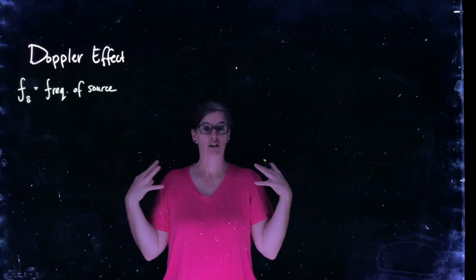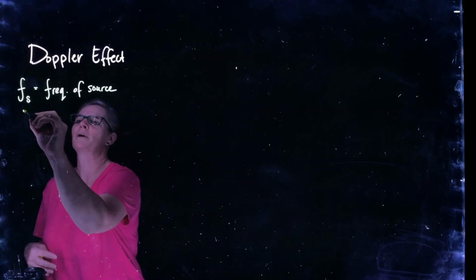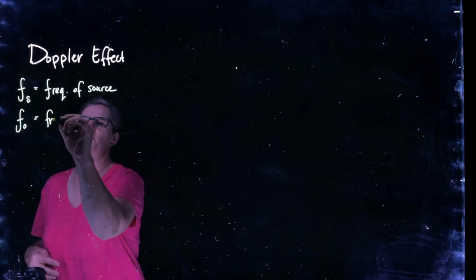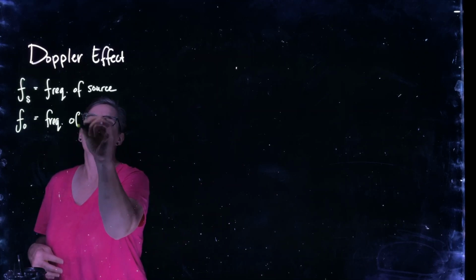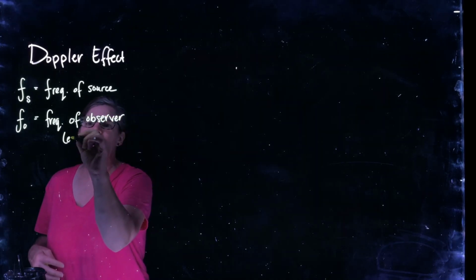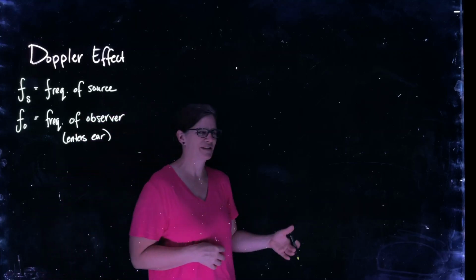Here is what actually reaches our ears and then gives rise to the information our brain processes. We're going to use that lowercase o like I talked about. So this is the frequency of the observer. And this is actually what enters the ear. And then, of course, what we perceive.